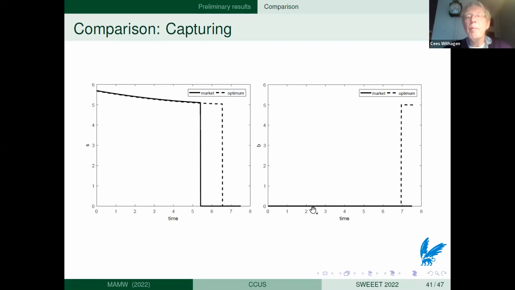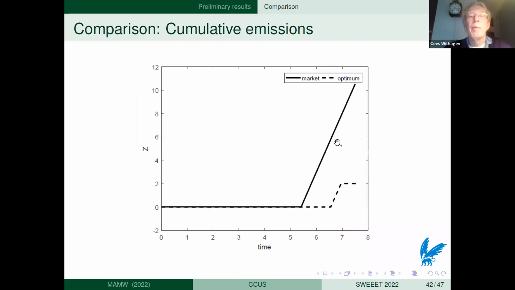We don't use CO2 to insert in inert wells in the market, but we do use it in the optimum. Total emissions, that's of course a big theme. We see that the market, although it uses carbon capture and utilization, just goes far beyond the carbon budget, which is given by this line.